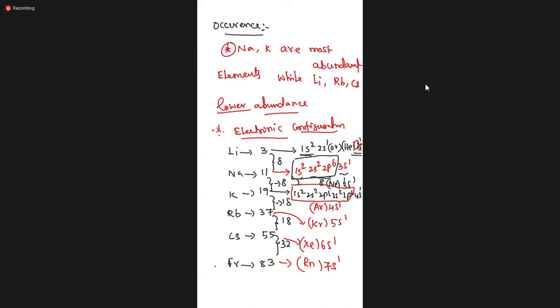So this 7 indicates francium is 7th period, S block, first group. Cesium is 6th period, S block, first group. Rubidium is 5th period, S block, first group. So this is the general outermost electronic configuration for first A group elements: lithium, sodium, potassium, rubidium, cesium and francium. If you clear this one, I'll go to the next one.